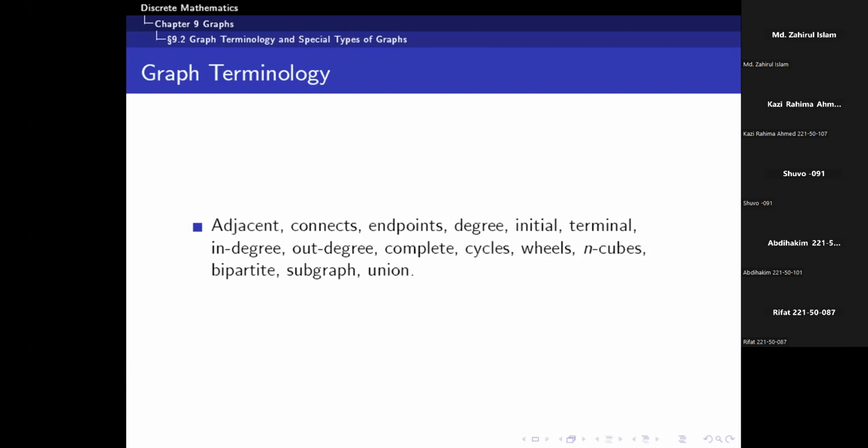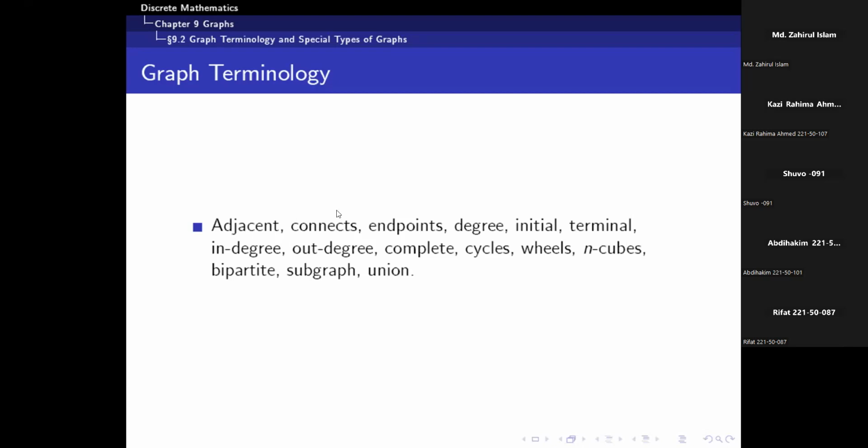Now we are going to learn about some terms regarding the graph. We have learned about the simple and basic types of graph, and next we need to learn some important terms related to the graphical representation.